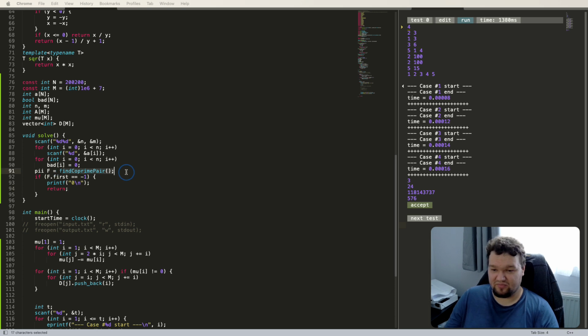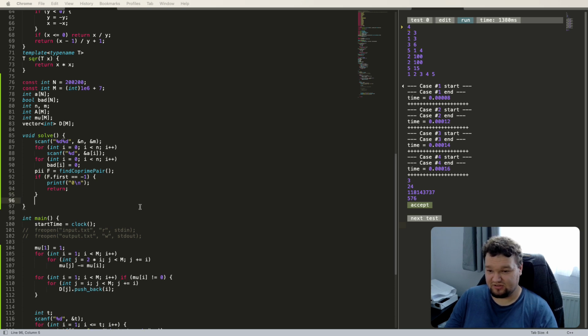Find k-prime pair will clean after itself. So the array A is filled with zeros initially, and after every call to find k-prime pair, I will make sure that it is filled with zeros again. And I will do it in time proportional to the size of the array times 2 to the power of 7, not in linear of m time, although we are allowed in the problem.